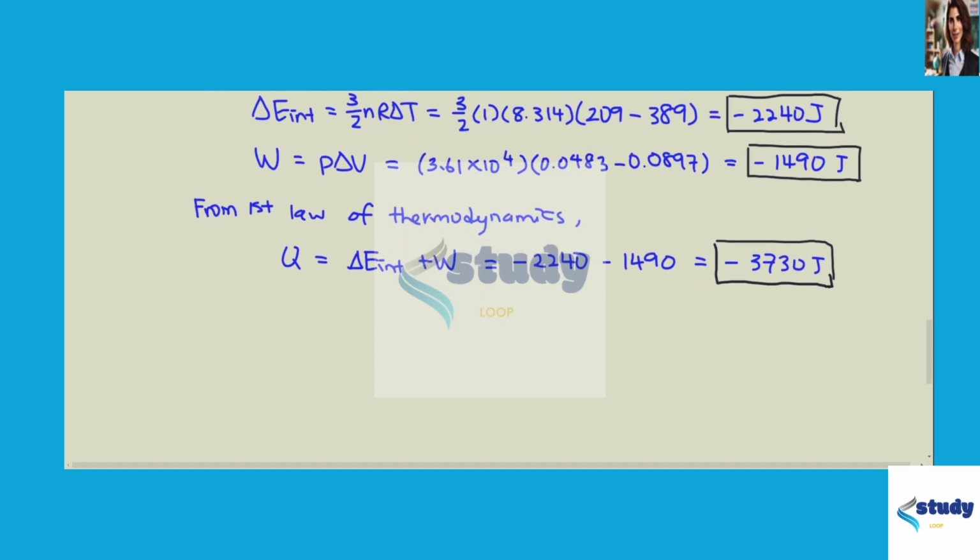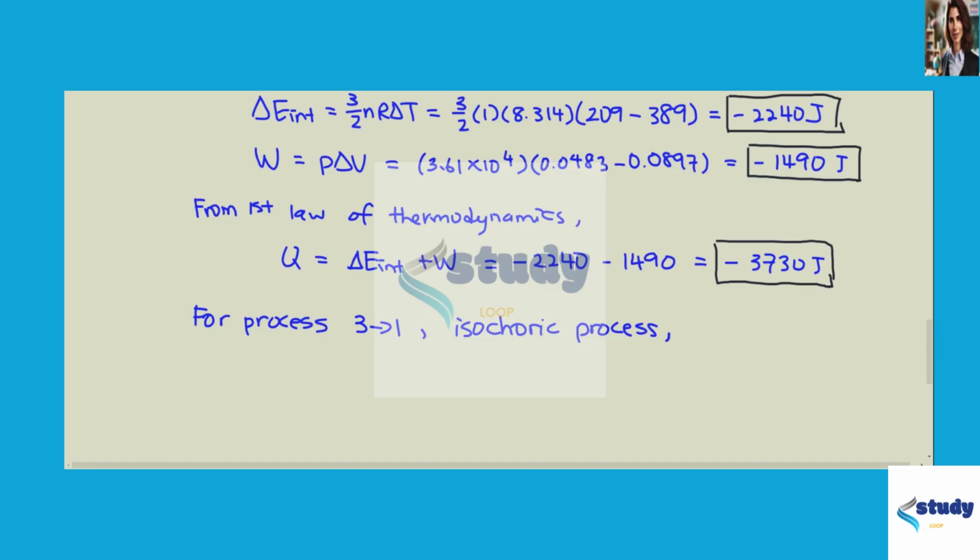Then lastly we have process 3 to 1. We have an isochoric process.